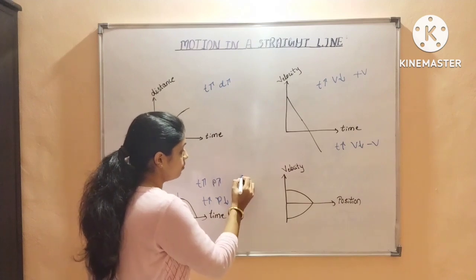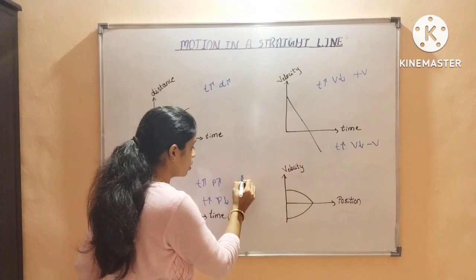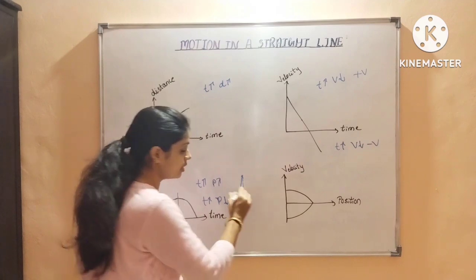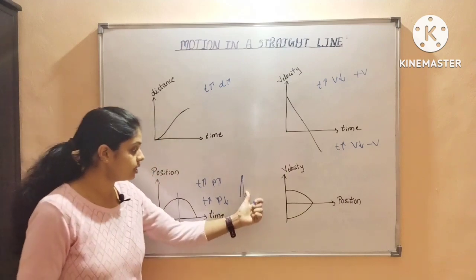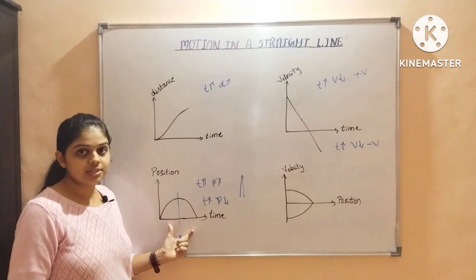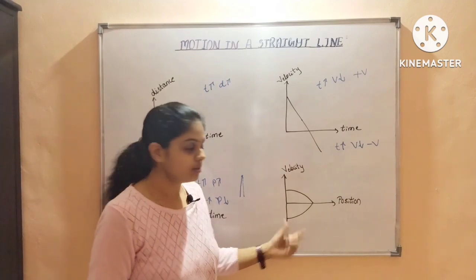When it reaches maximum height, the body starts to move in downward direction, and now as time increases, position is decreasing. So this graph represents the situation when the body is thrown upwards. Okay, let's go for next graph.